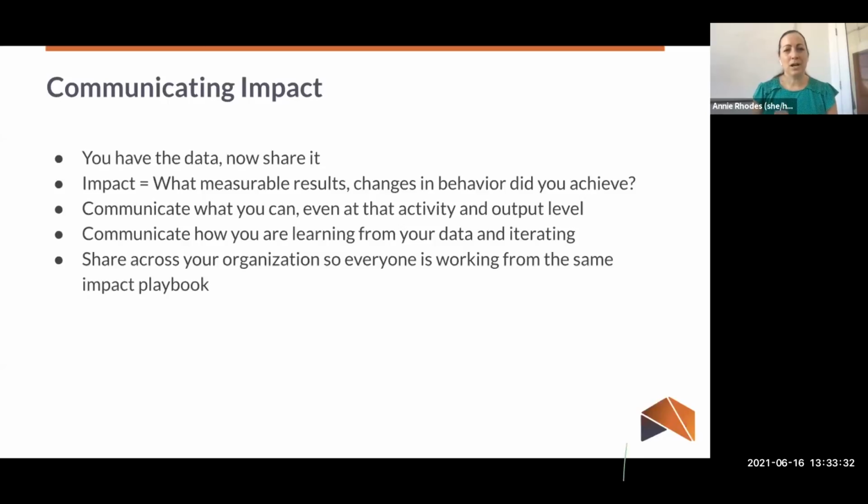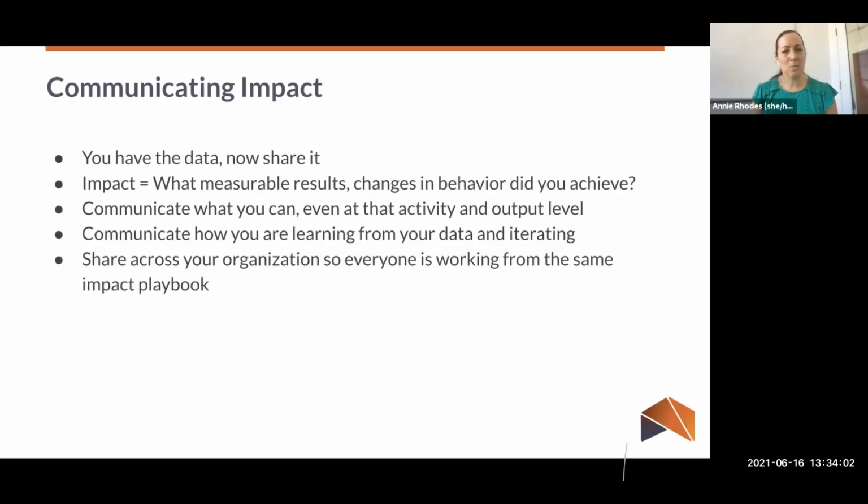The other important piece here is not just that external audience, right? So making sure that your whole team is grounded around your impact goals and your impact achievements, making sure everyone is working from that same consistent playbook around communicating your impact.